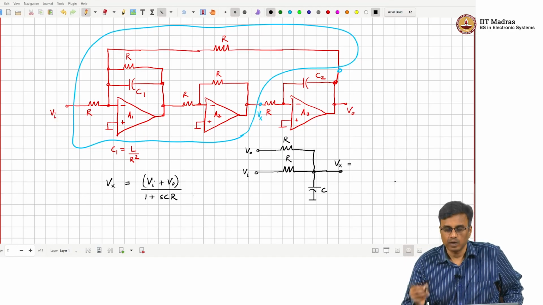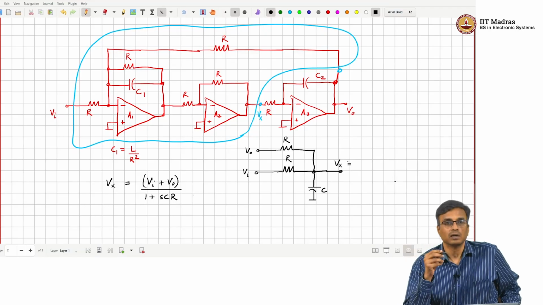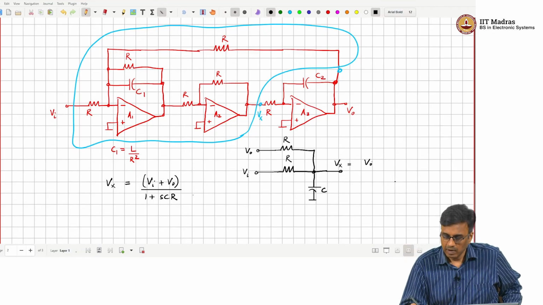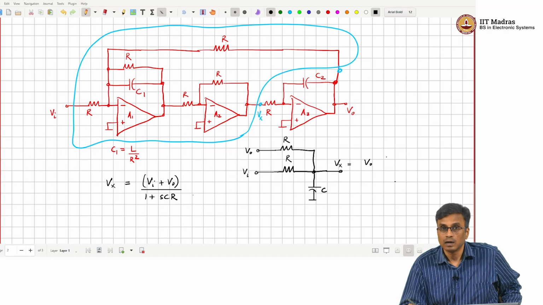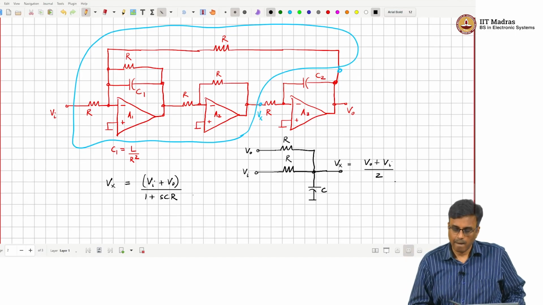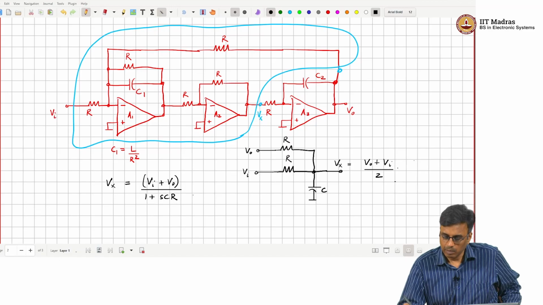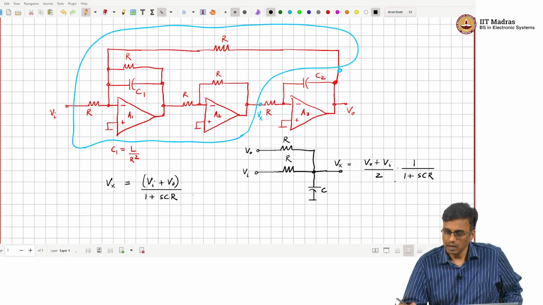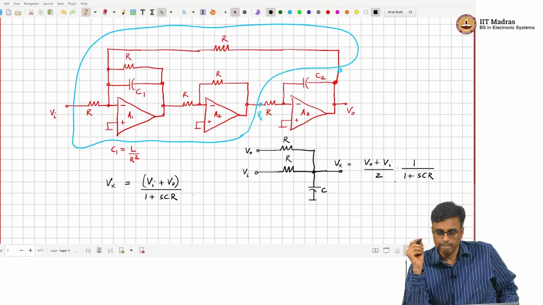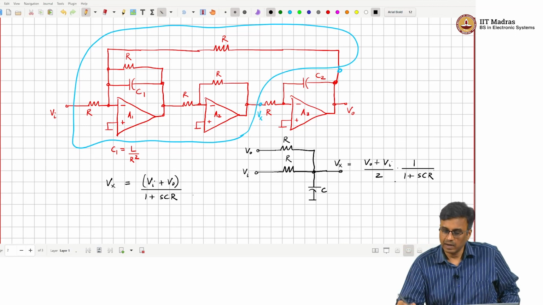Yes, please work it out. Vi plus V naught by 2 times 1 by 1 plus SC times R by 2.